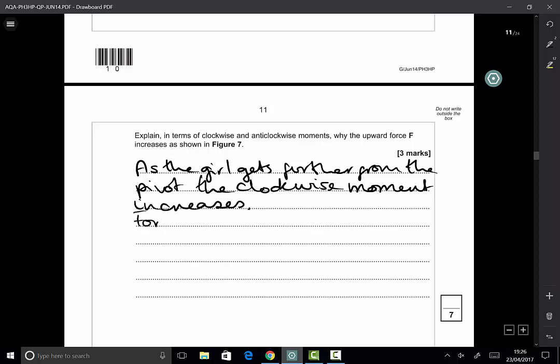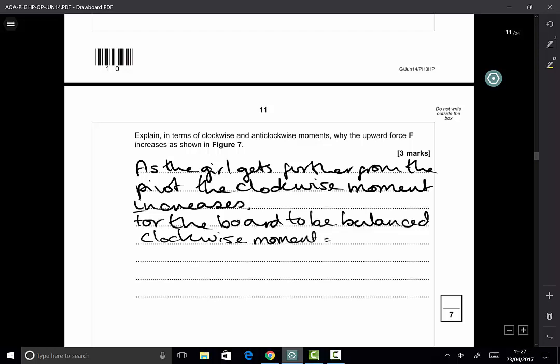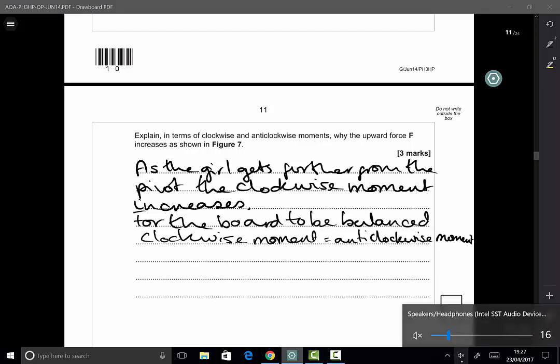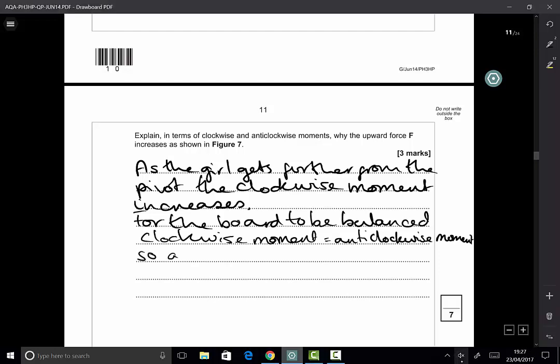For the board to be balanced, the clockwise moment must be equalled by the anti-clockwise moment, so the anti-clockwise moment must also get bigger.